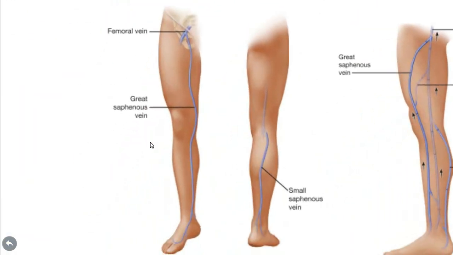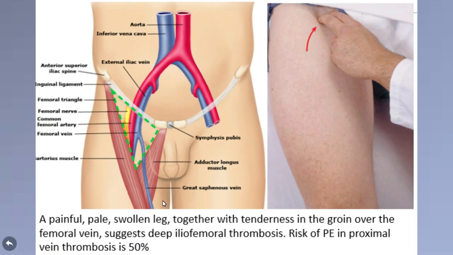This is the femoral vein. This is the great saphenous vein, the blood vessel harvested during bypass graft. If there is a painful, pale, swollen leg together with tenderness in the groin area, you can palpate the femoral vein, just medial to the femoral artery.